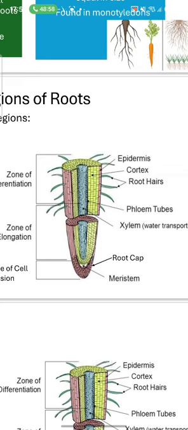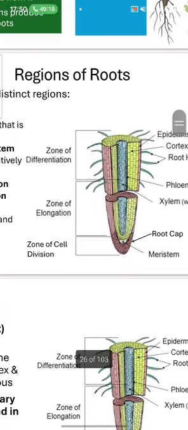The hair on the outside is called the root hairs. The outline of the inside is the phloem tubes, and the innermost area is the xylem, which is water transport. Then you have half of the second part and a little bit of the first part.